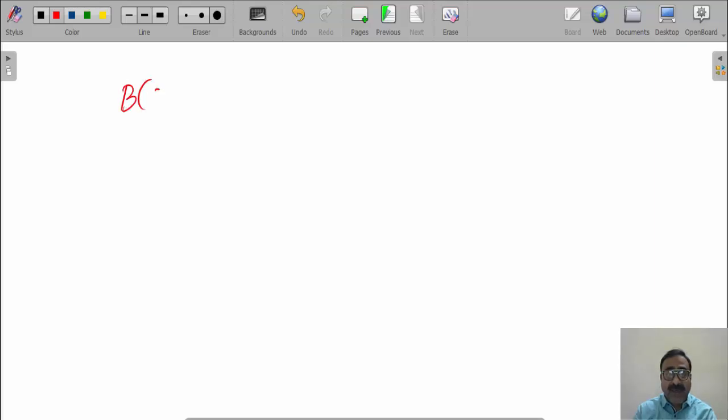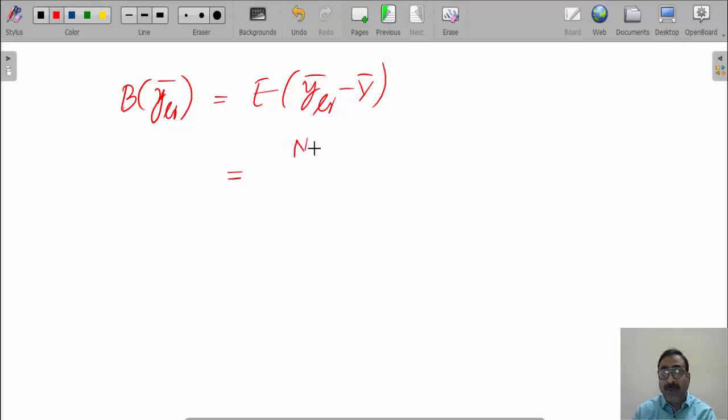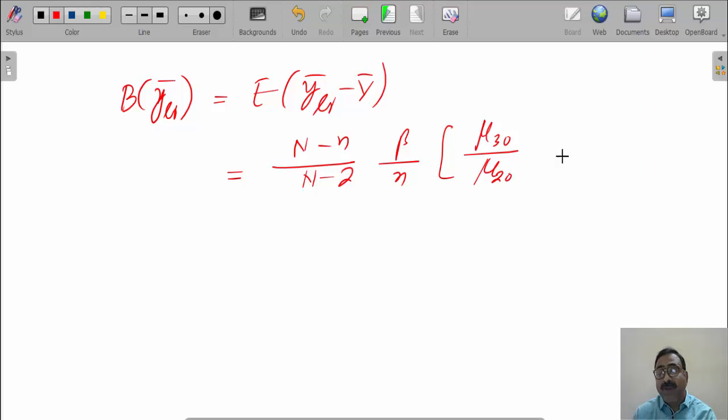The bias in the linear regression estimator, equal to expectation of YLR bar minus Y bar, is equal to minus n by n minus 2 into beta by n, into mu 30 by mu 20 minus mu 21 by mu 11.